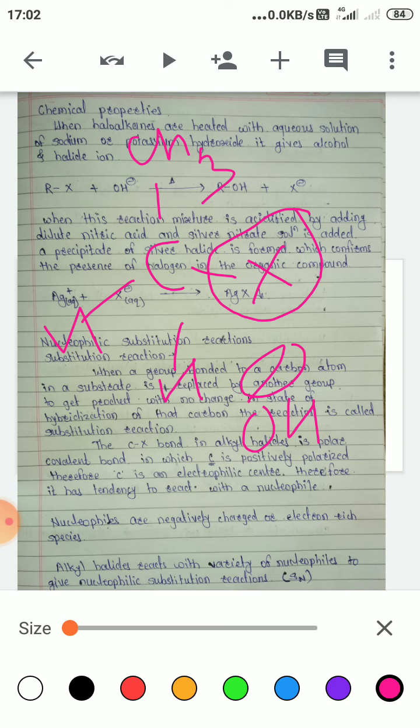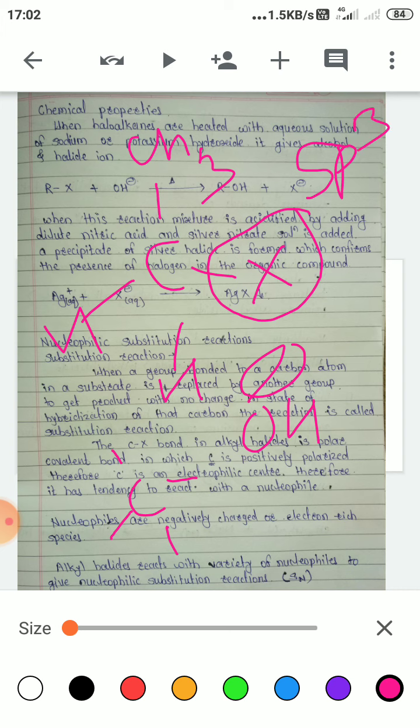That is, the halogen atom is substituted by an OH group or hydroxide group, without change in hybridization. All tetrahedral carbon atoms are in sp3 hybridization.